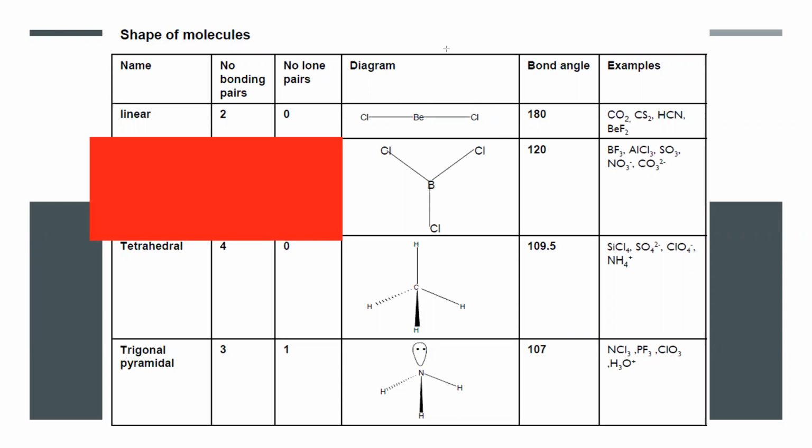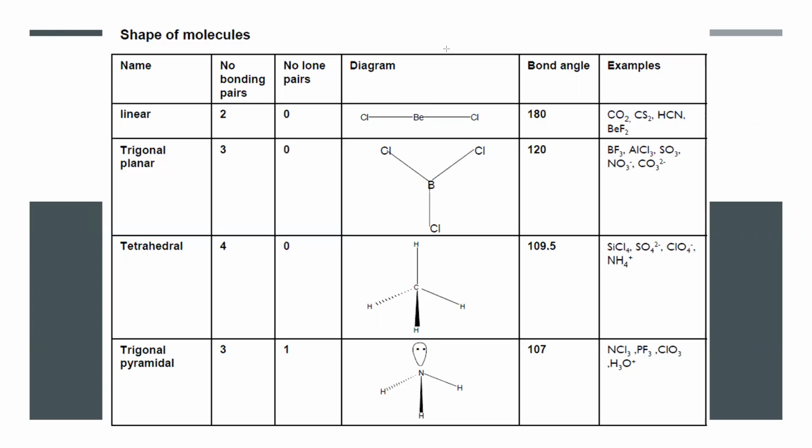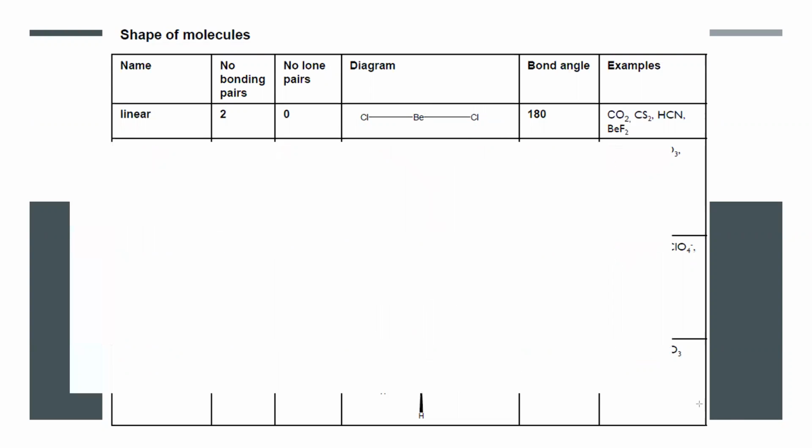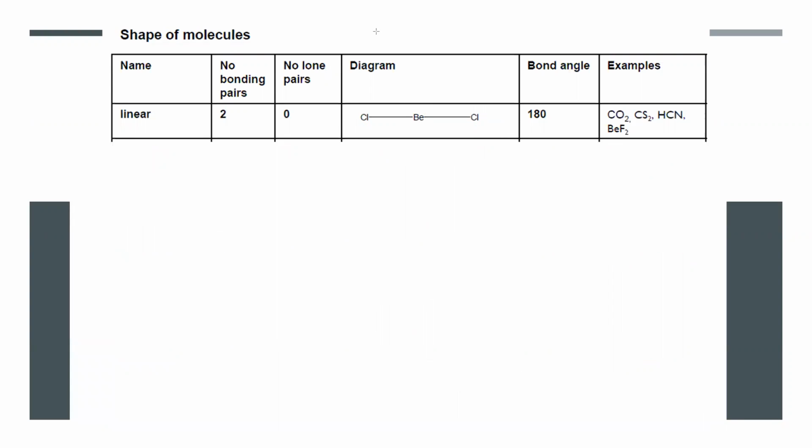So if we have carbon dioxide and we are predicting the geometry for carbon dioxide, what will be the structure? Carbon shares maximum 4 electrons and each oxygen shares 2 electrons. So on oxygen there are 2 lone pairs and a bond pair, one of them involved in the bonding.